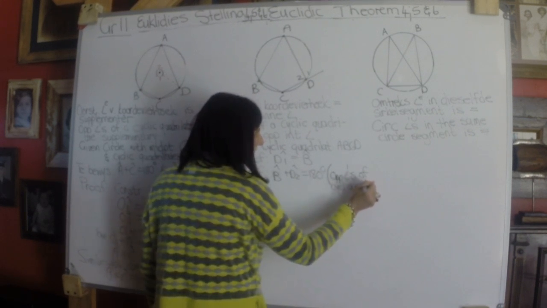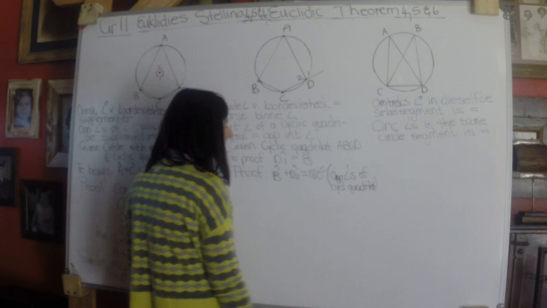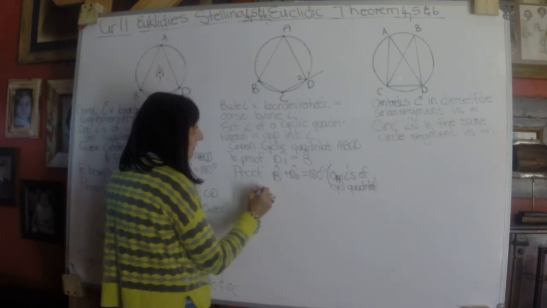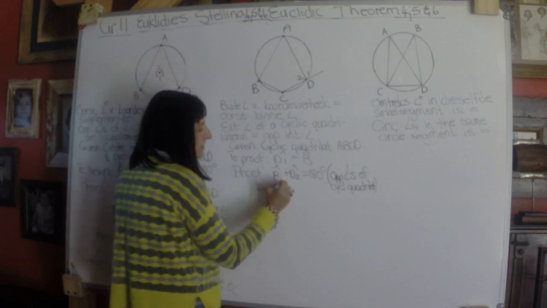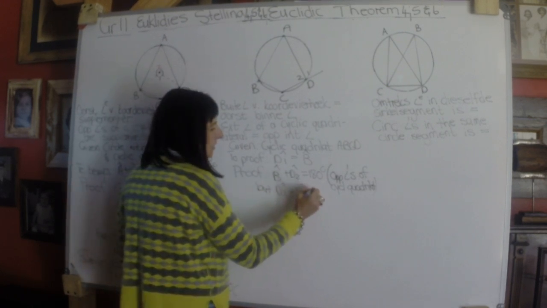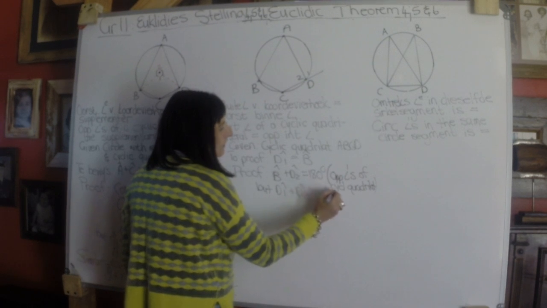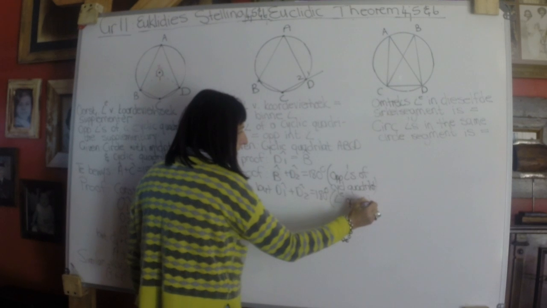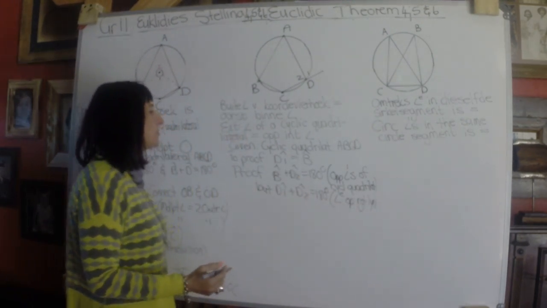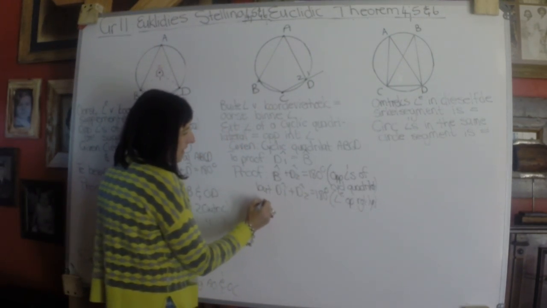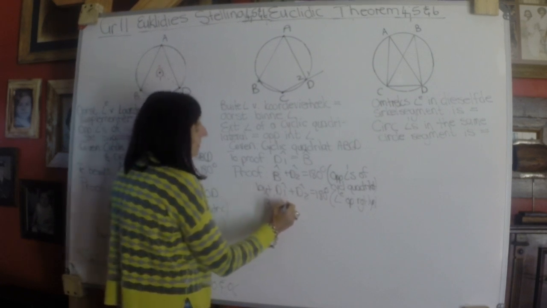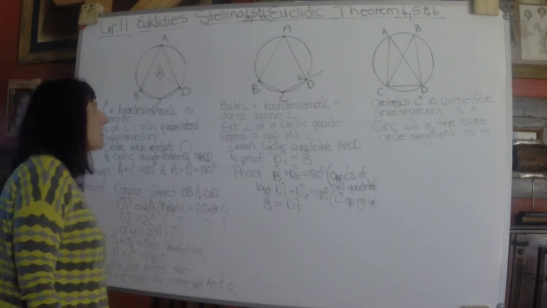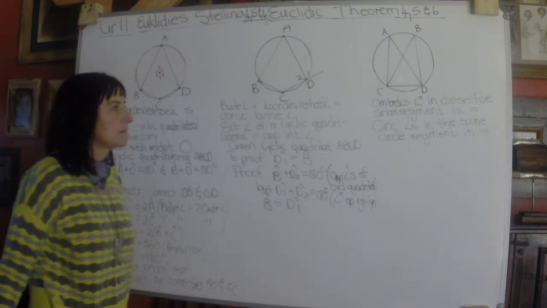Oorstaande hoeke van 'n koorde vierhoek is 180 grade. But D1 plus D2 equals 180. Hoekom? Dis hoeke op 'n reguit lyn. Angles on a straight line. So there we've got a D2 and a D2. Therefore, angle B equals angle D1. And I've proven that the exterior angle equals the opposite interior angle.